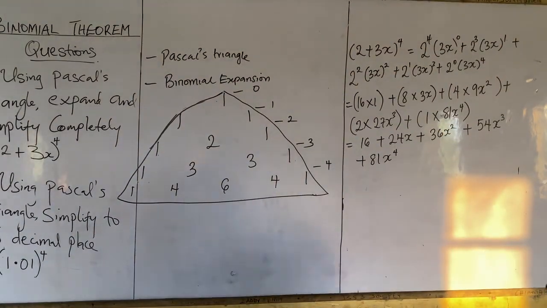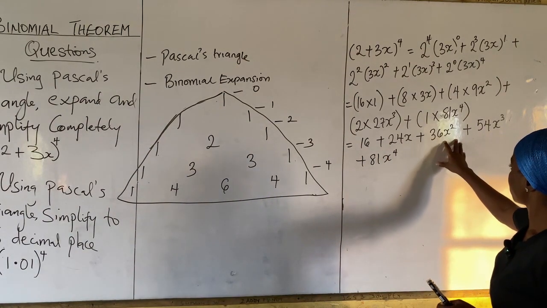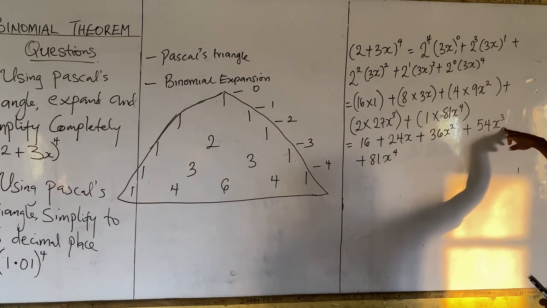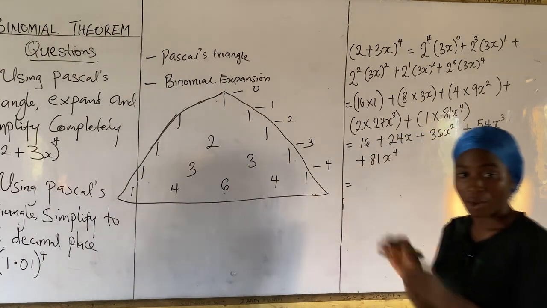So now I'll be having 16 plus 24x plus 36x squared plus 54x cubed plus 81x to the power 4. Now, let me arrange this normally.